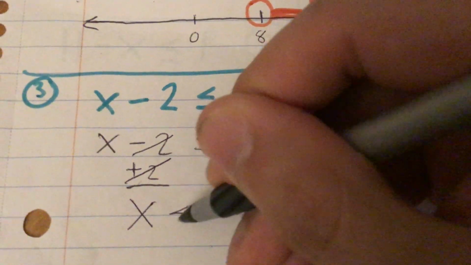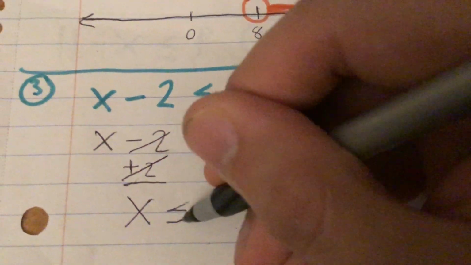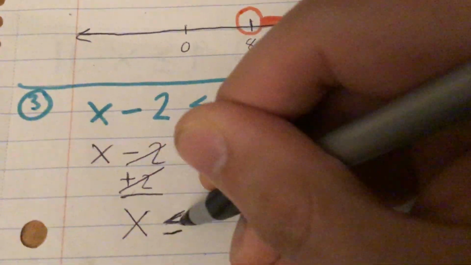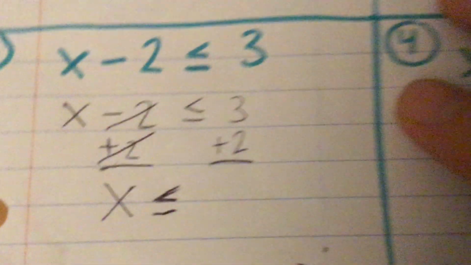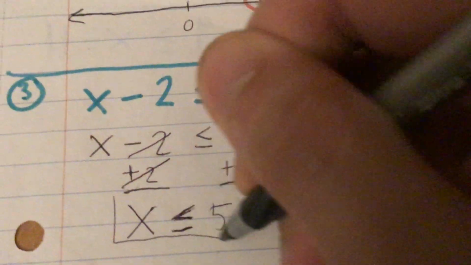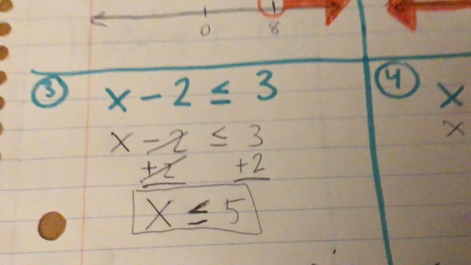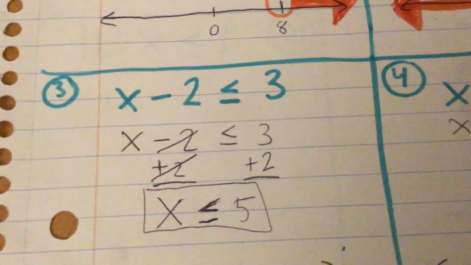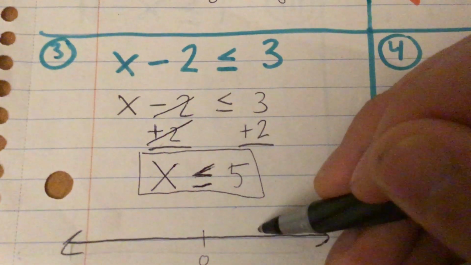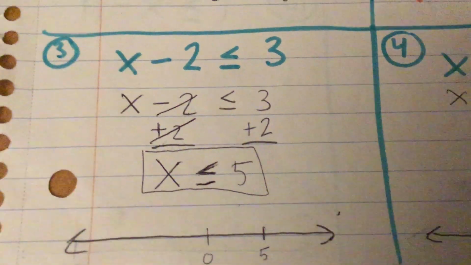So now I've got x is still less than or equal to, let me make that clear. Okay, x is less than or equal to 3 plus 2, which is 5. So now I go to the number line, and positive 5 is to the right of 0.